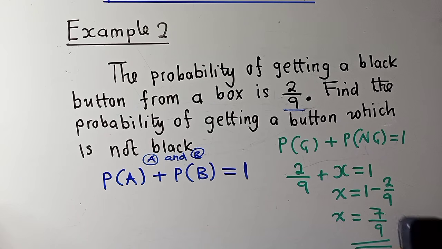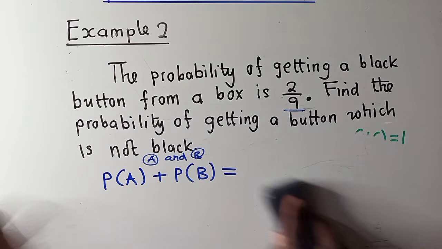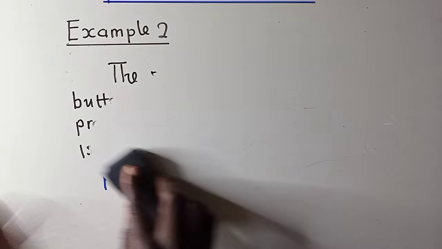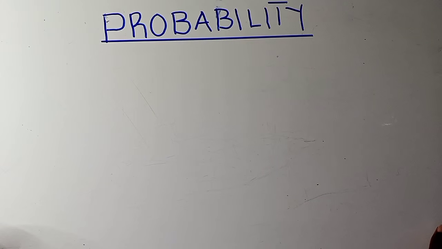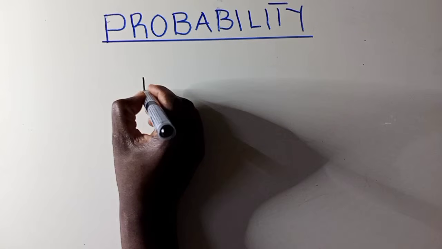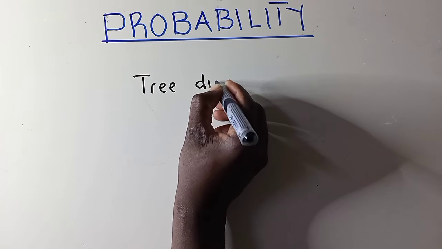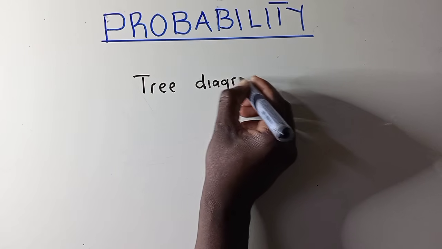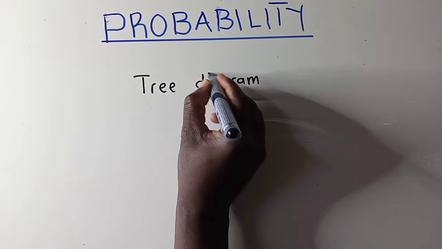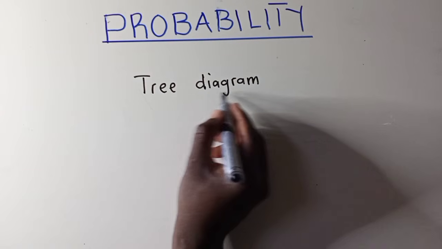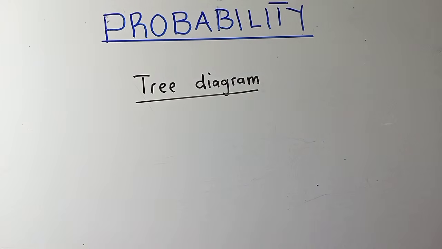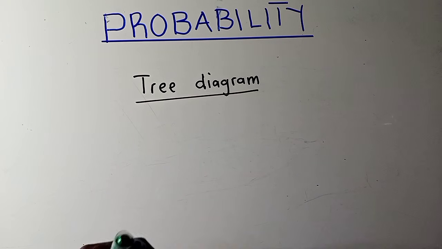Okay, so now to understand how a tree diagram is done, these are the basic things that you must know. So let me just say tree diagram. This is very, very important.